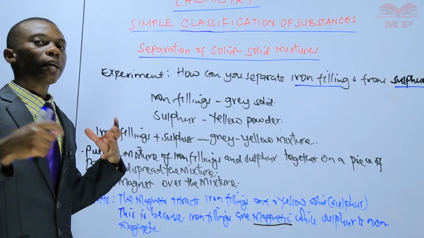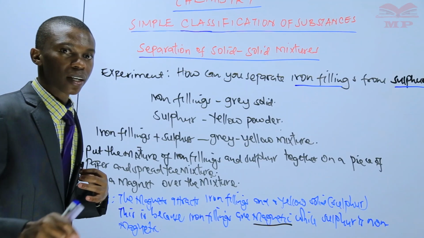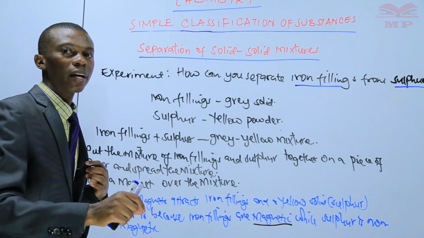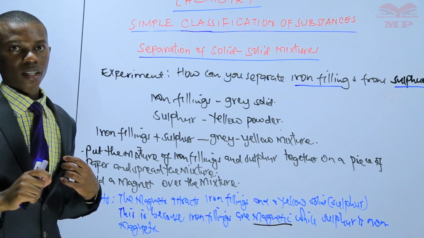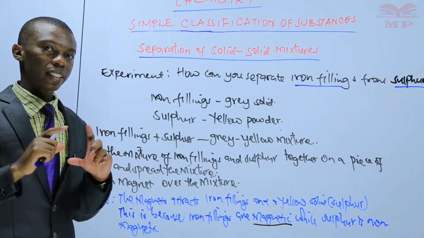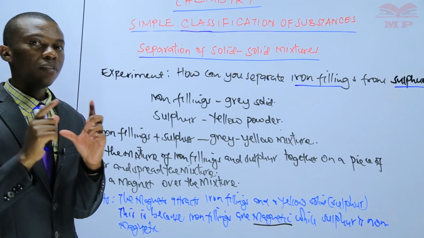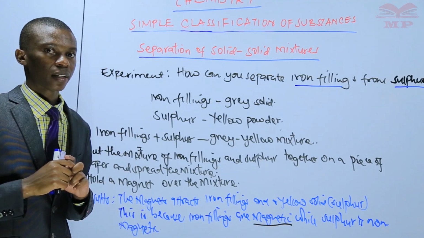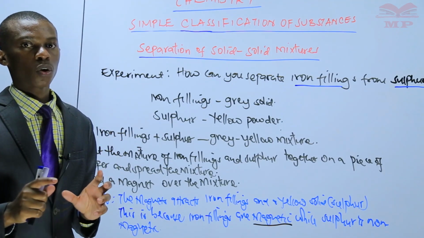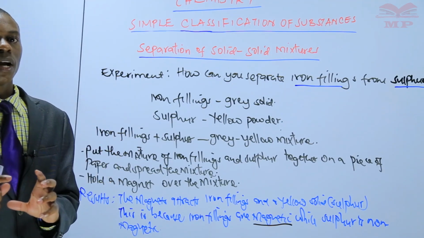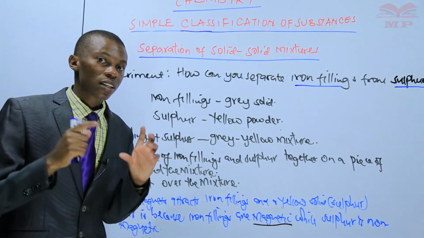Then you move a magnet over the mixture of iron filings and sulfur, and you realize that the magnet is attracting iron filings, leaving behind sulfur. A yellow solid is left on the piece of paper while the magnet attracts the gray solid.